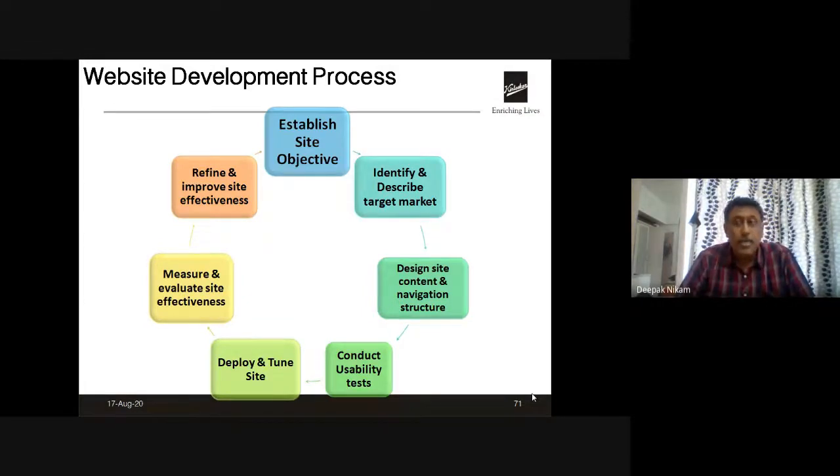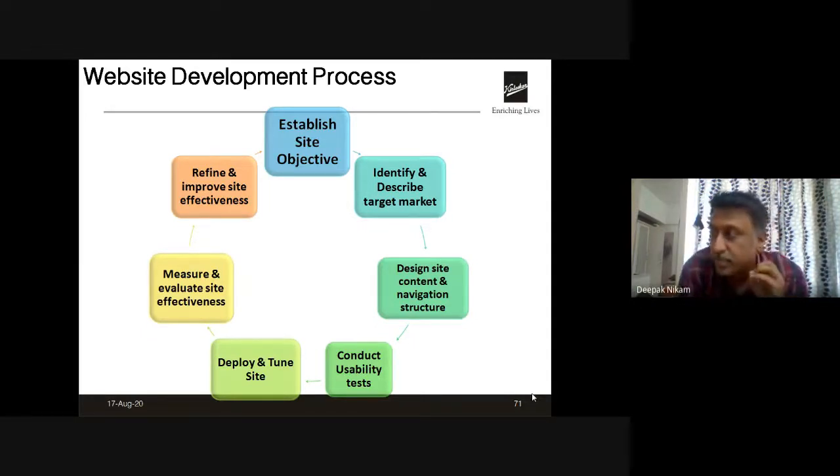Be prepared for many failures on the usability test. Even with all experienced staff and a lot of moving parts in a website, be prepared that you will face humongous problems when it comes to usability tests.